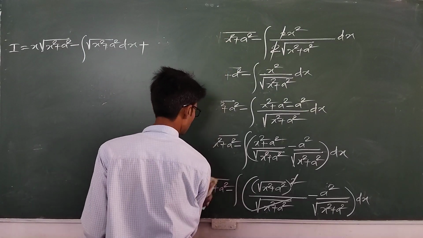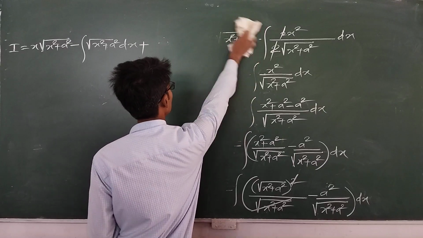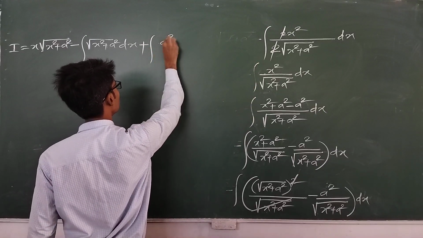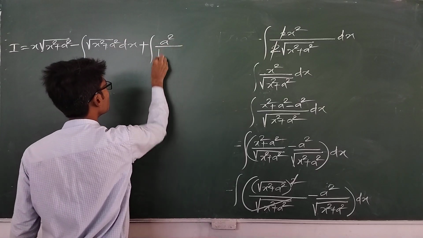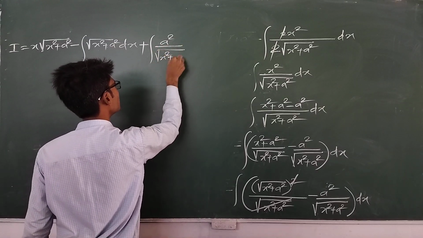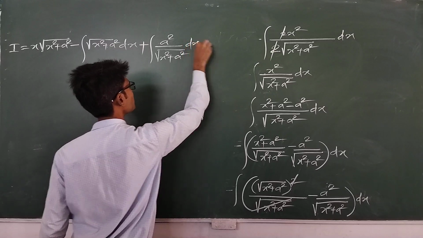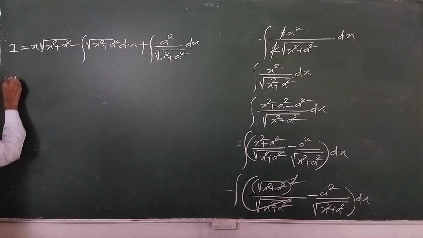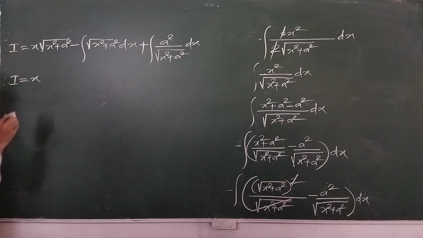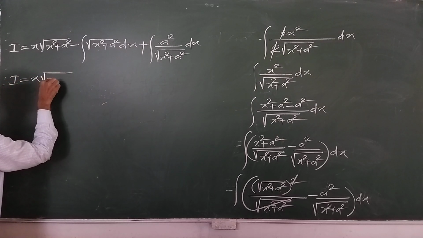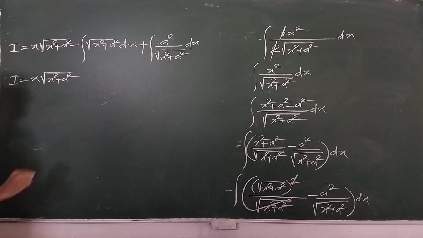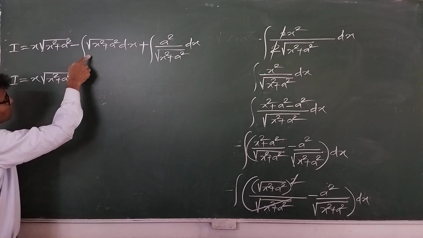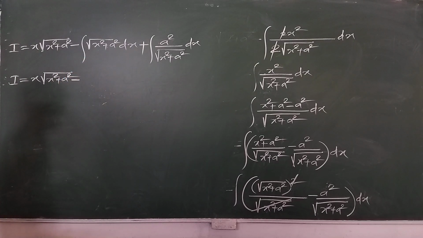So you will get plus integration of a square divided by square root of x square plus a square with respect to x. So I equal to x into square root of x square plus a square minus integration of square root of x square plus a square with respect to x.